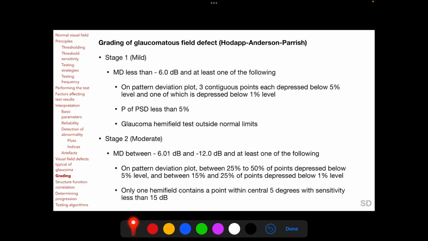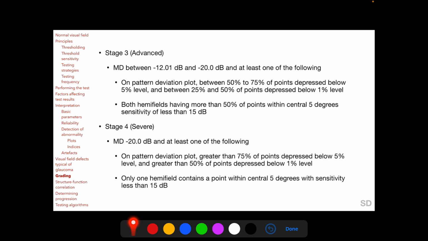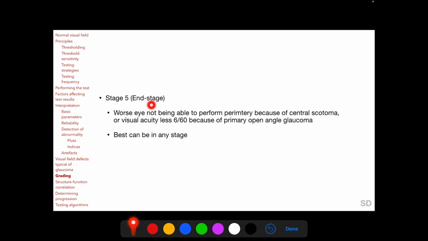The severity of glaucoma can also be graded, and in one system, the parameters considered are the mean deviation as well as either the pattern deviation, the pattern standard deviation, or the glaucoma hemifield test. And in this system, the severity of glaucomatous field defect is graded as mild, moderate, advanced, severe, and end stage.